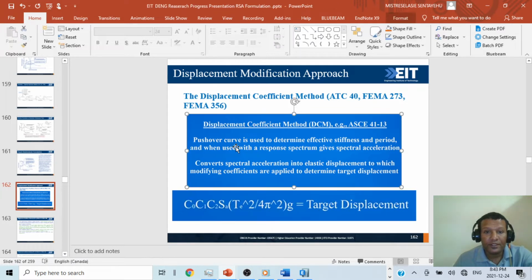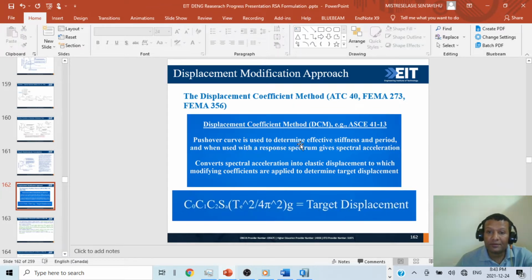As I showed you, the pushover curve is used to determine effective stiffness and period, and when used with a response spectrum gives a spectral acceleration. Okay, this is the displacement coefficient method.